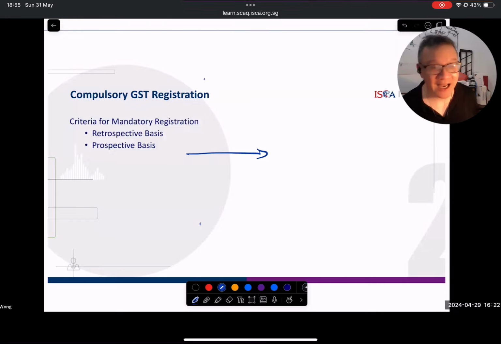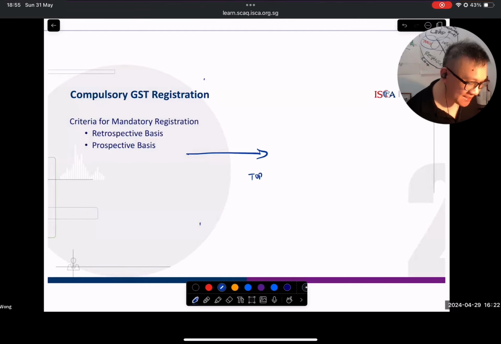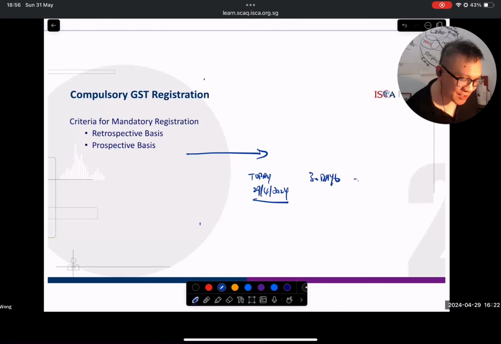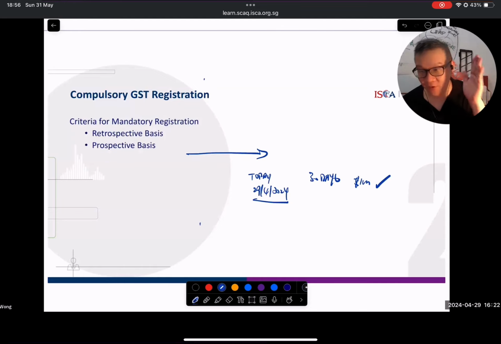It means that I have to ascertain today, let's suppose today is 29 April 2024, which is the day when I'm recording this presentation. As you can tell from the materials, it means that I am looking at whether the threshold of 1 million is met within the next 30 days. So that's what we call forward-looking.